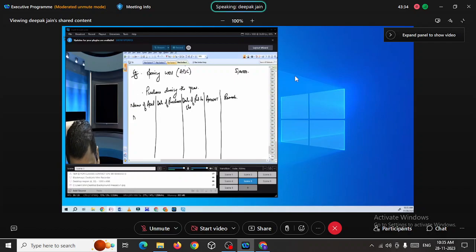Asset D. Date of purchase 1st July 2023, put to use 10th September 2023, 1 lakh. Payment is made through NEFT.